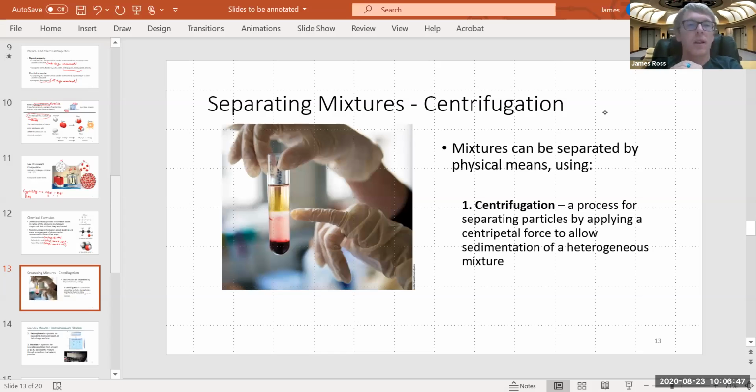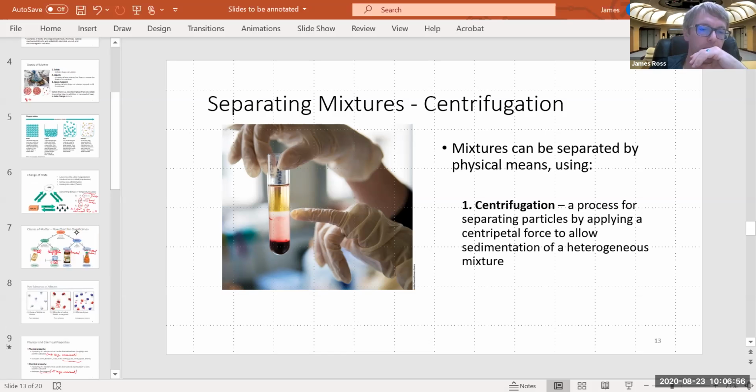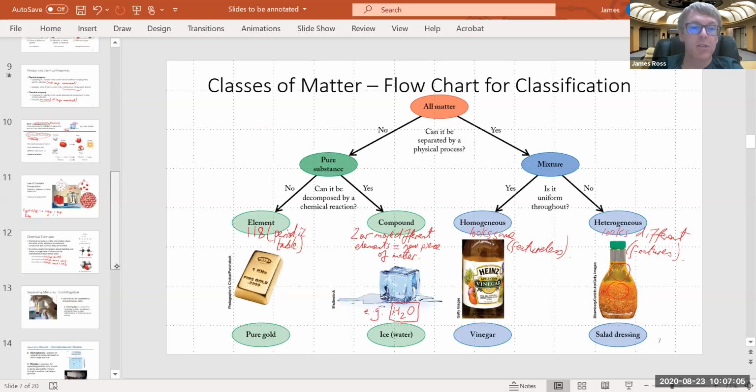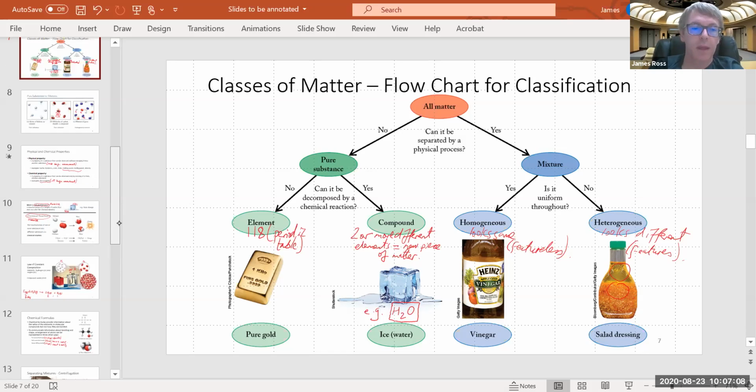Okay, so we saw earlier on that matter can be pure or mixtures. Just to remind you, we can have pure substances and mixtures. Mixtures can be separated. Let's annotate this now before I forget. Now that we know physical processes and chemical processes, mixtures are only physically mixed.